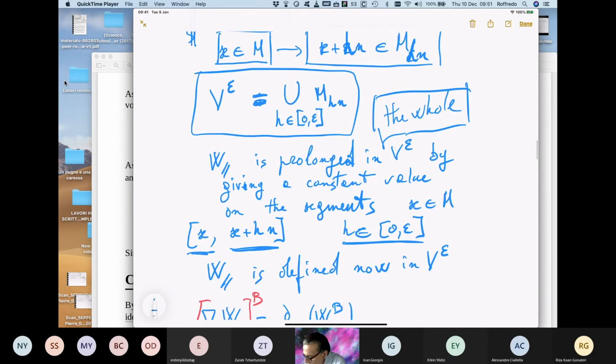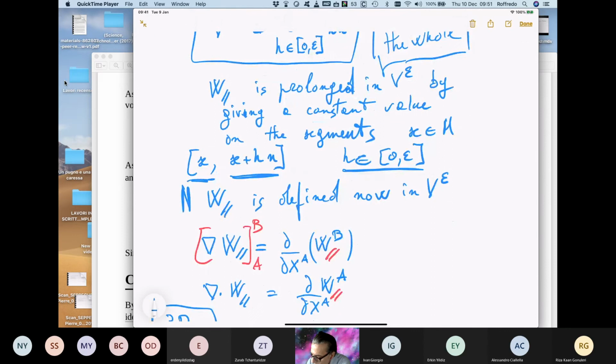Okay, so W parallel is now defined in the whole V epsilon.